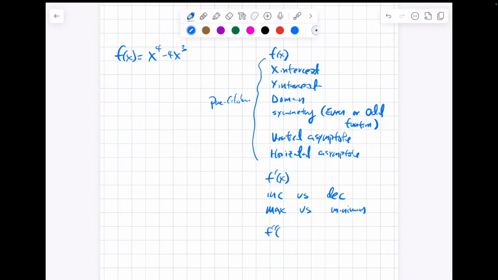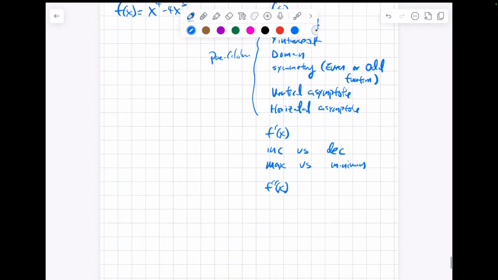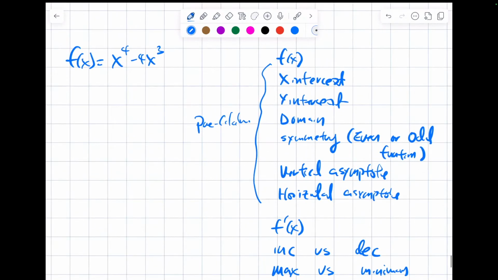F double prime of x can tell me when it's concave up versus concave down, and this is going to be the inflection points. And we're gonna learn how to graph this with our calculator. Do you guys remember how to do that?